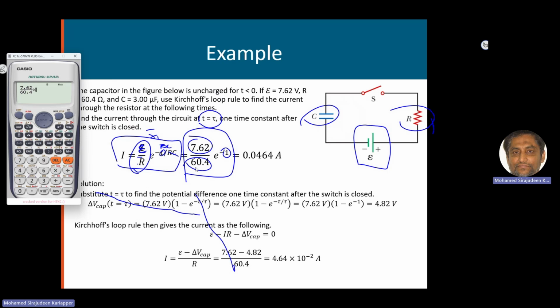How do I get this e to the power? Shift ln. It is actually the inverse of the ln. Ln is the base e, not base 10. So shift ln, you will get the e.